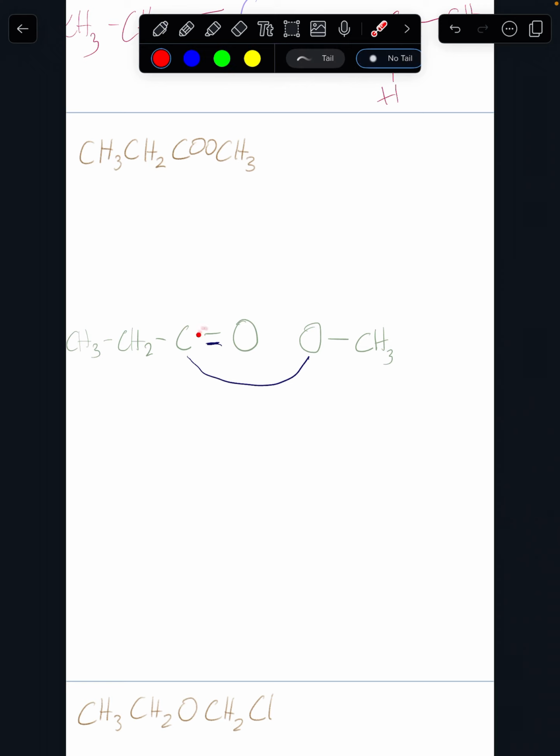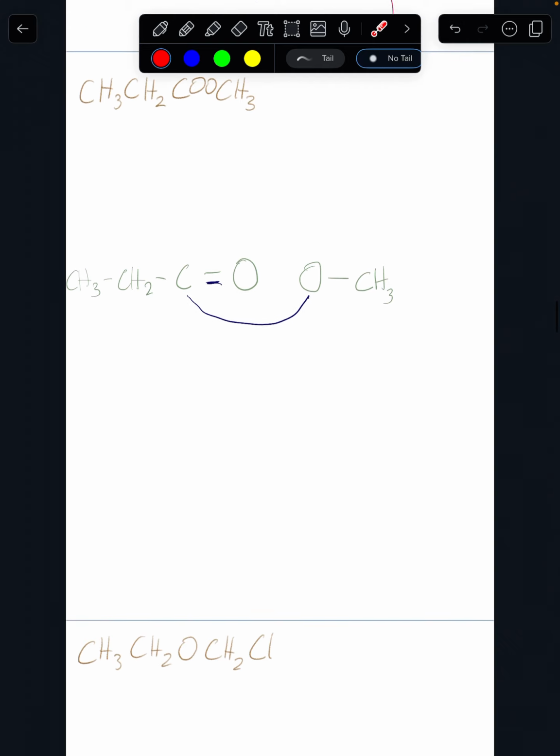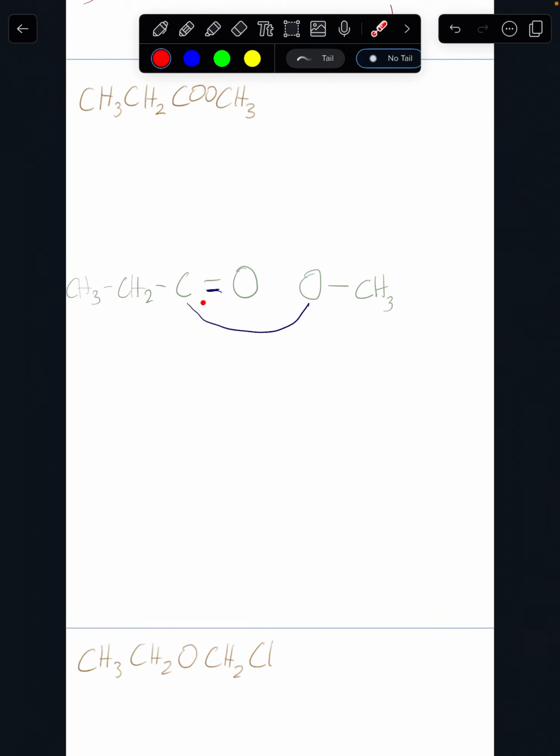In this case, you have the 1, 2, 3, 4 for this carbon. This oxygen is still happy with its 2, and now this oxygen is happy with its 2. So we make it into that double bond, so everything gets satisfied.